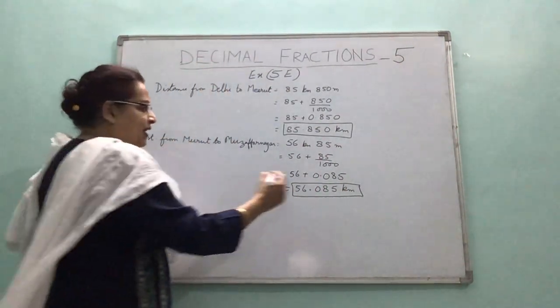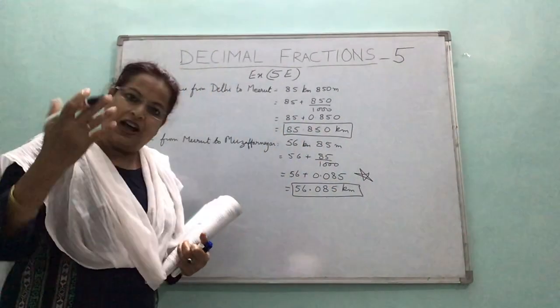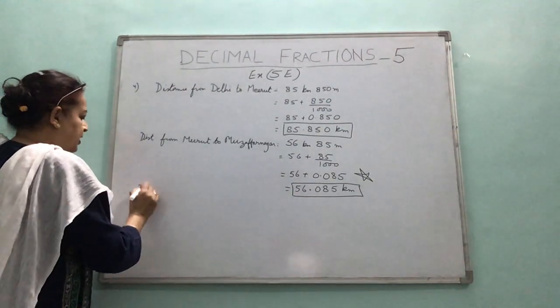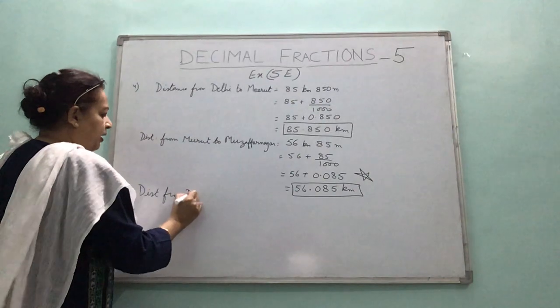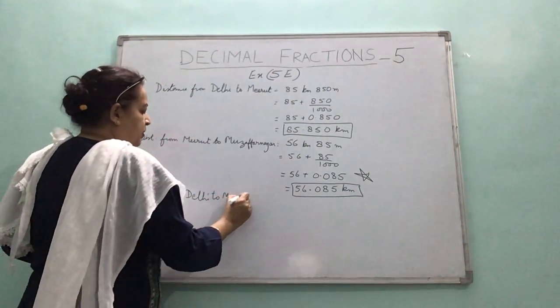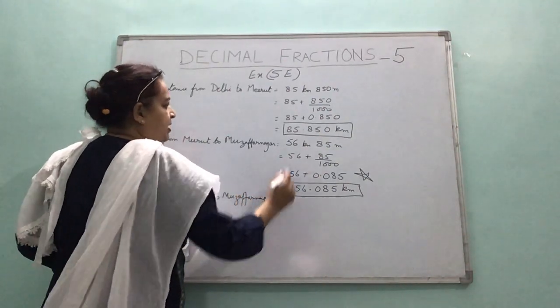Well, if this is clear, this is important, children. If this is correct, you have done half of the battle. Now, therefore, distance from Delhi to Muzaffarnagar would be the sum of these two.